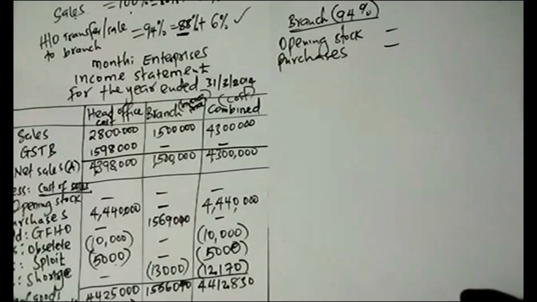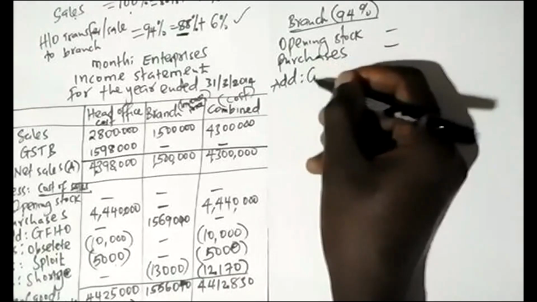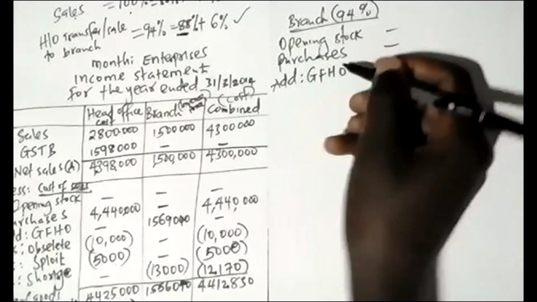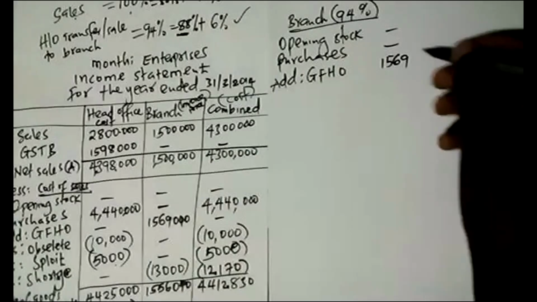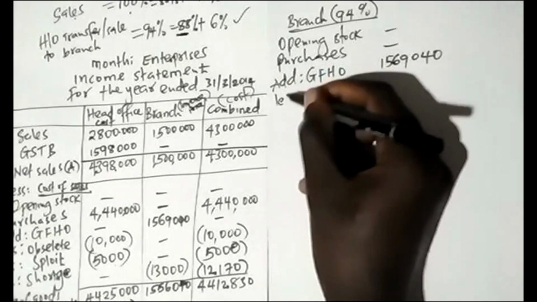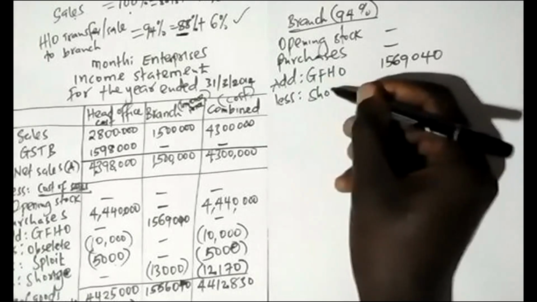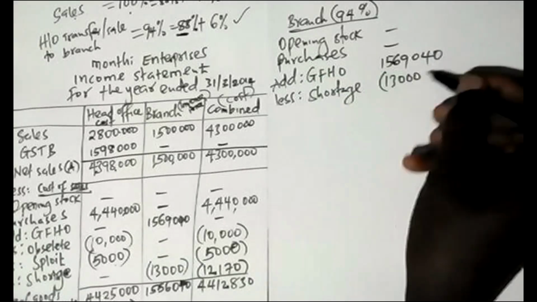Then we have goods from head office. That is what it received, so we need to add that one. So that is at least now the stock which it has. Goods from head office, 1,569,040. Then after that, remember that we have some shortage of goods, which was 13,000, which was at invoice price, which is fine.